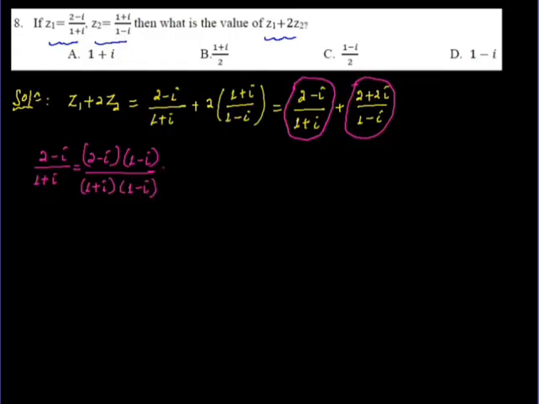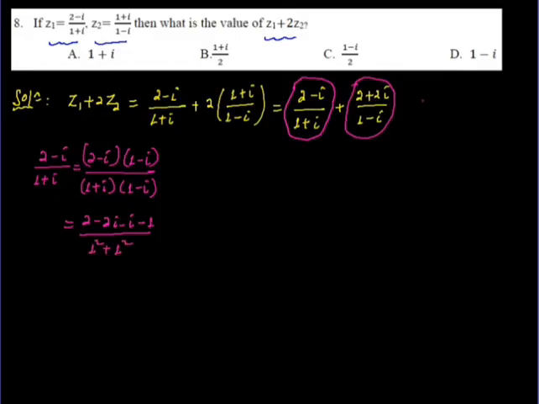So the simplified form of this is 2 minus 2i minus i plus i square, which means minus 1, over 1 square plus 1 square.